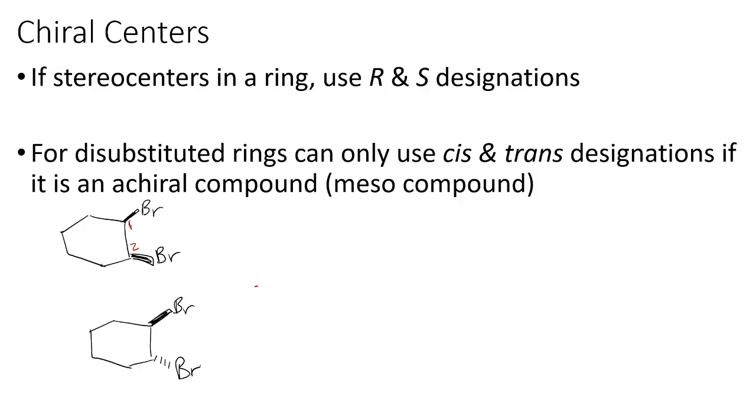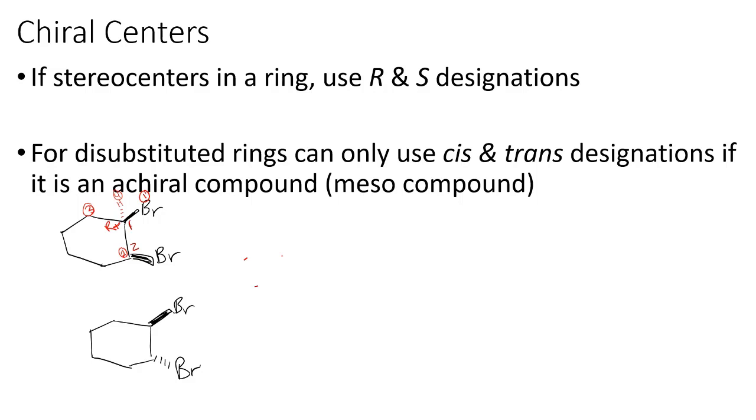So I can go through and do designation on chiral center number 1. Bromine gets priority number 1. The carbon with the bromine will get priority number 2. The CH2 unit will get priority number 3. And the hydrogen that is pointing back will get priority number 4. The hydrogen is already pointing back, so with this designation, the 1 position would be an R position.